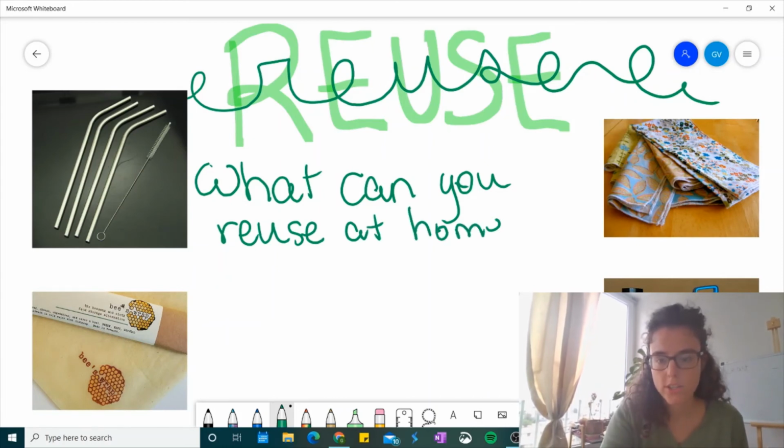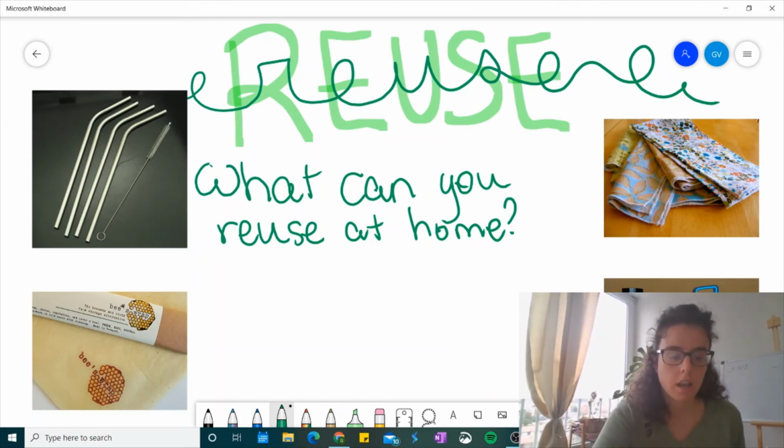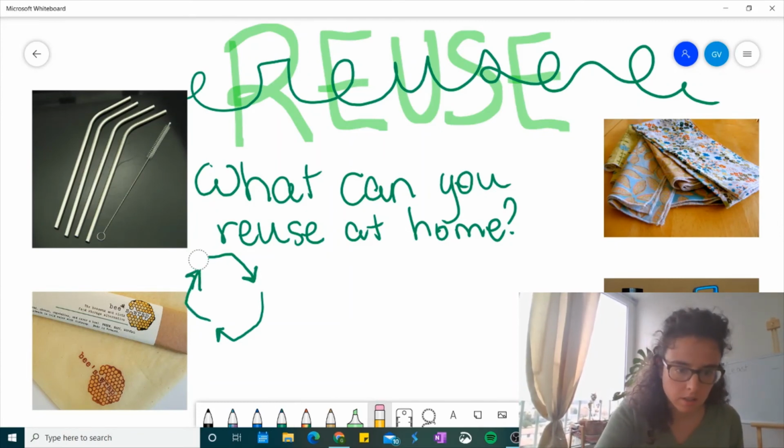Maybe I'll put a question so that the person looking at the poster thinks about it, right? And maybe I'll draw, oh, I know, maybe I'll try and draw the arrows, like the recycling arrows. Yeah, I'll draw like that.